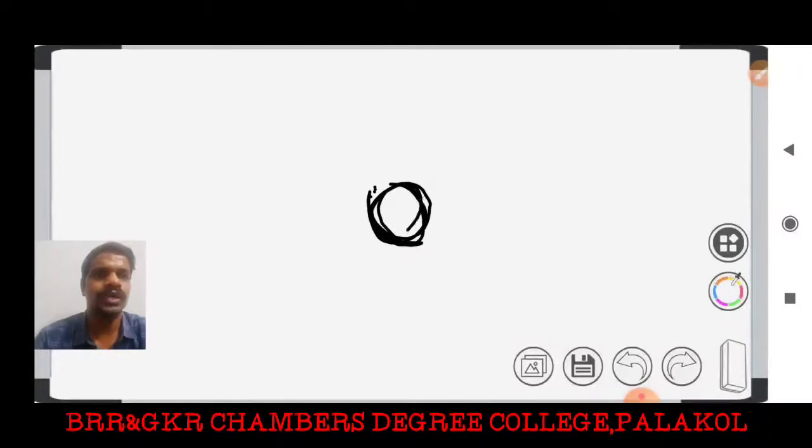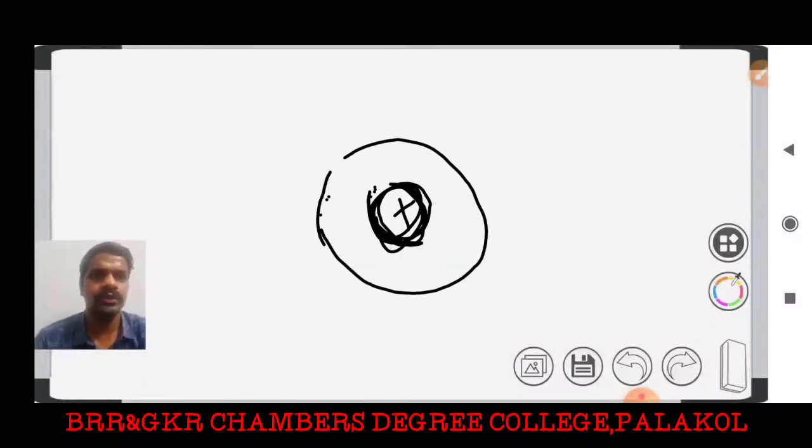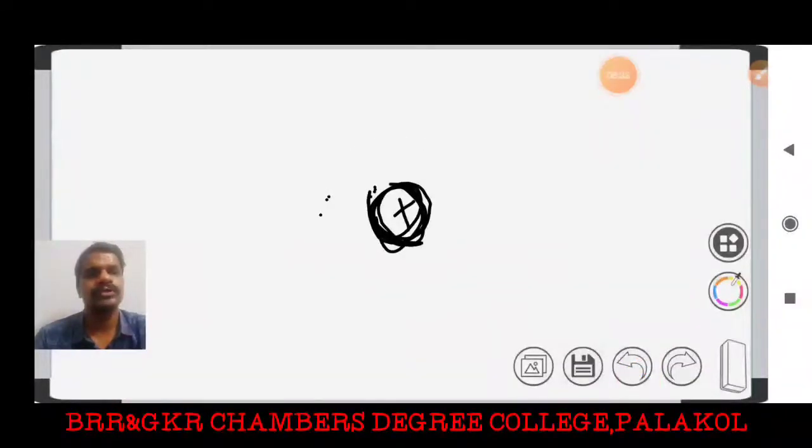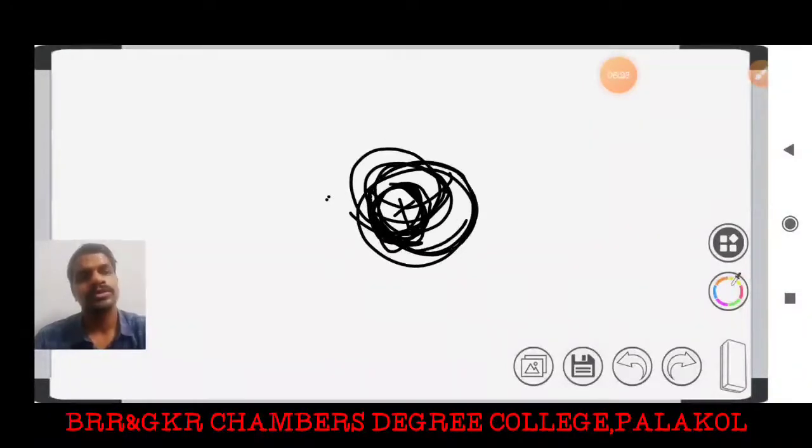In this nucleus, we have a positively charged species, that is the proton, and around this nucleus, the electrons are circulated. This circulation of electrons is like this.